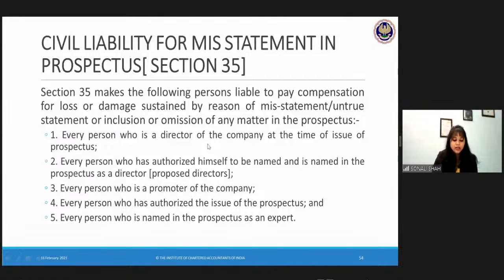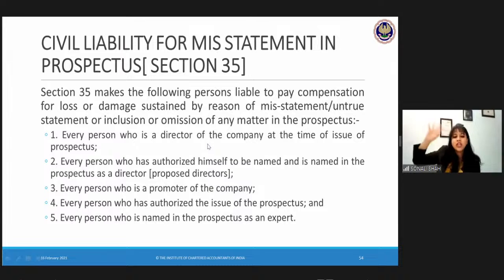So the first point arises, who are these people on whom the civil liability is affixed? The first requirement is that there is a loss that has happened to the subscriber due to misstatement. You need to remember here, the loss has happened to the subscriber. Where you directly apply for the shares of the company under an IPO or FPO, and the shares were allotted to you and you suffered damage due to misstatement, then you can invoke section 35.